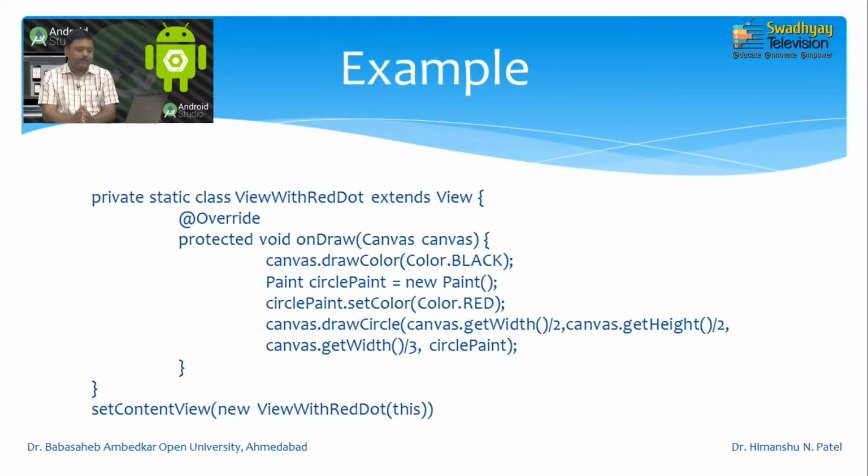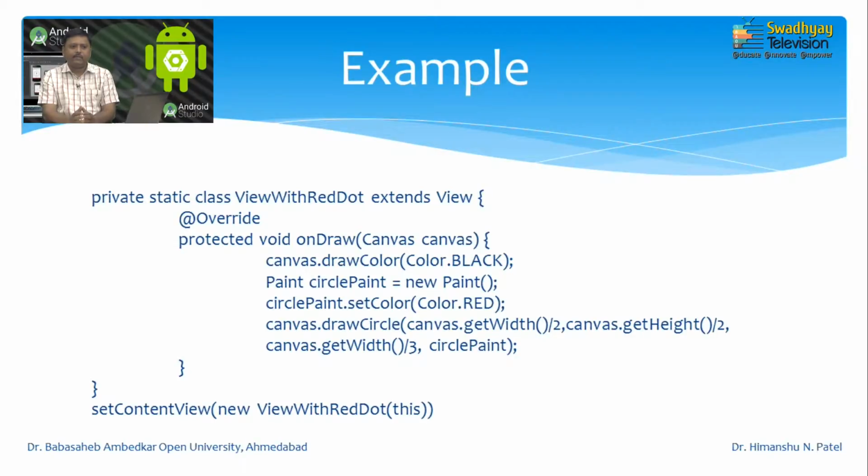First two arguments specify the center of the circle, which is the center of canvas. Third argument specifies the radius of circle, which is 1/3 of the canvas width, and finally we specify the paint object. So, color will be filled as red. Once we have defined this canvas class, we can create its instance inside setContentView.